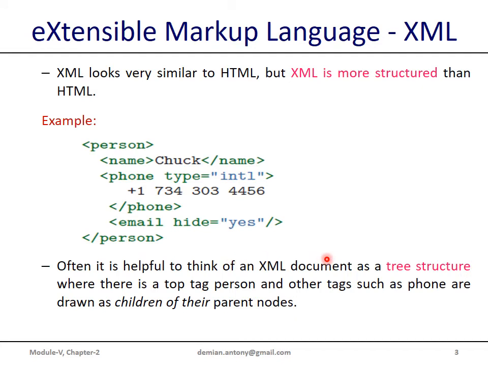We can think of the XML document as a tree structure. Here person is the root, and these are the child nodes at level 1. In this example, the root element is person and the other elements, that means tags, phone, name and email, are the children of the parent person.